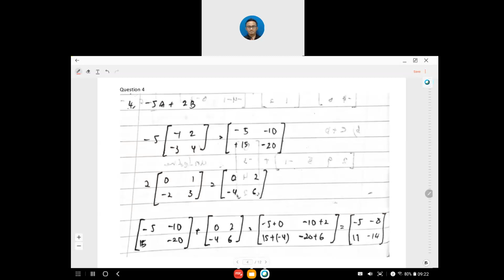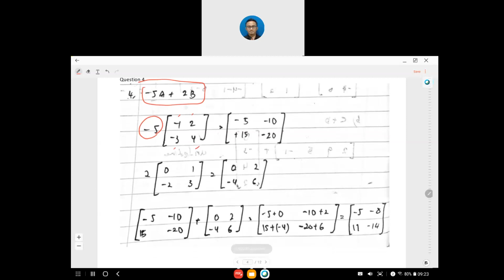Okay. For question 4, you want to find negative 5A plus 2B. So you have matrix A: negative 1, 2, negative 3, 4, multiplied by negative 5. This one, solve individually. Negative 5 times negative 1, so you get 5, no negative here.